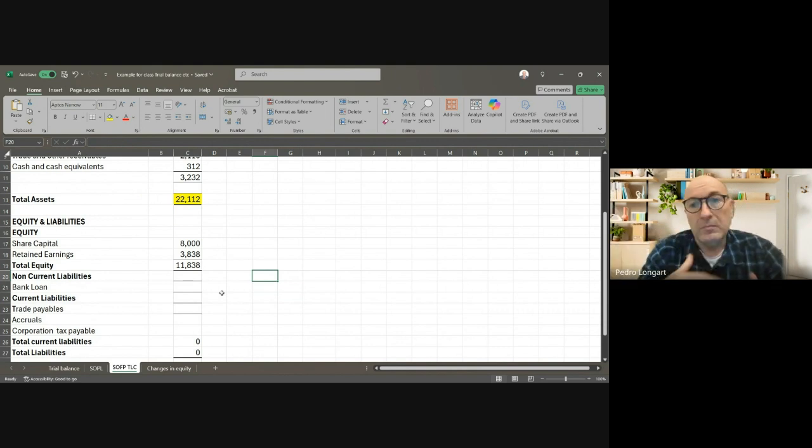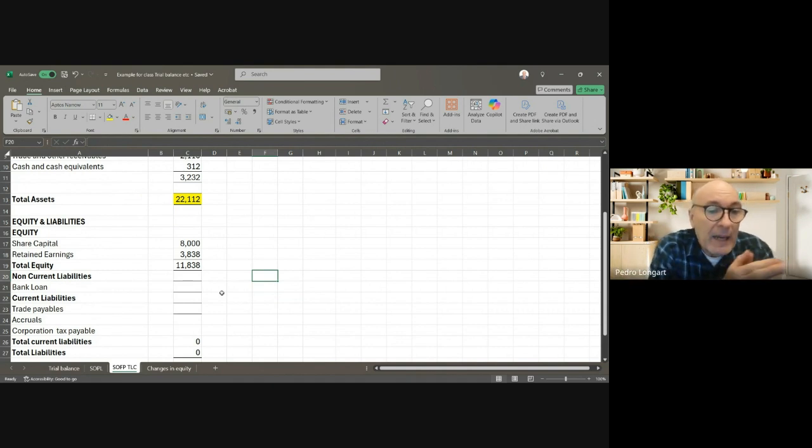They actually invest in equipment, for example, and they get loans. That bank loan generates an interest. Some of the interest is paid and is part of the statement of profit and loss account. Some of it is still to be paid over a number of years, but that is a liability.